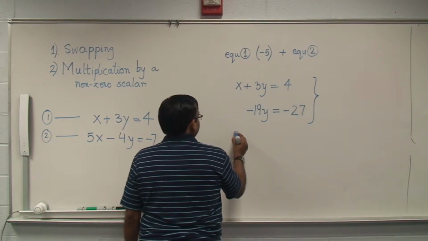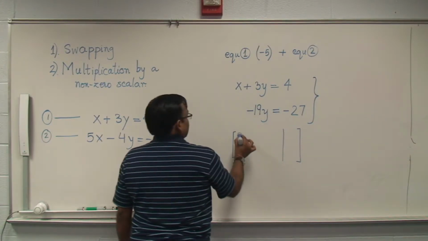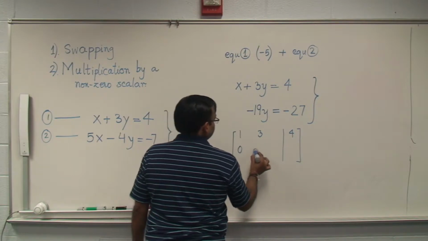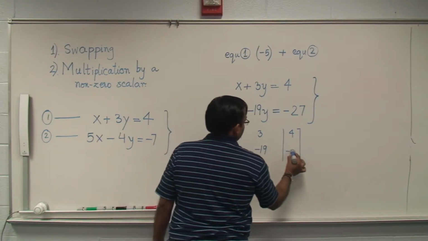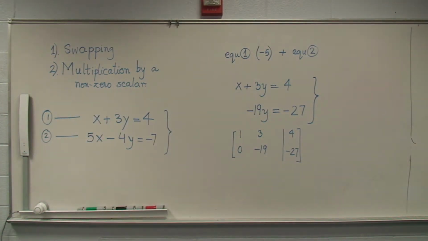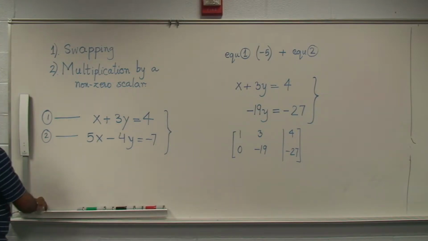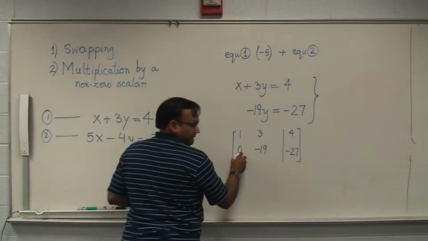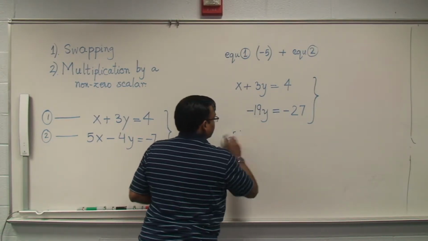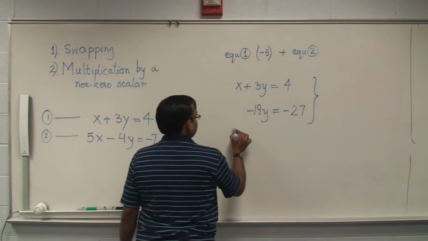What would be the augmented matrix of this new system? How will it look? I have a 1, 3, and a 4. See, I am getting a 0. I am getting a minus 19, minus 27. It is not exactly the kind of dream matrix we were looking for, but it's kind of heading in the direction that we hope things will work out.